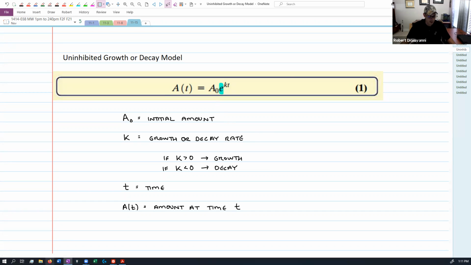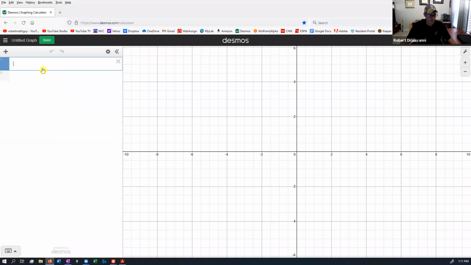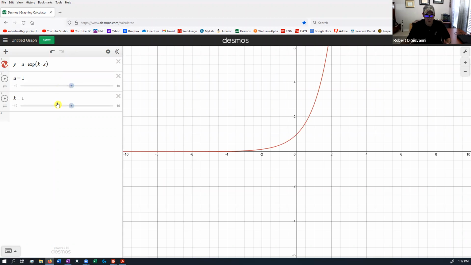I'd like to start by showing you a graph of what a function like this would look like. I'm putting in y equals a times exponential k times x, using some different variables because of the system I'm working with. The k I can adjust, and the a is the number in front. If I adjust the a, it changes the exponential growth.